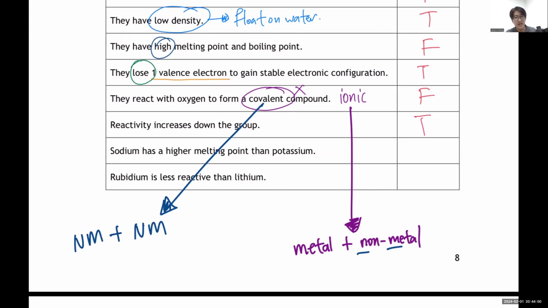Okay. Sodium has a higher melting point than potassium. Yes. The smaller it is, the higher up, the higher the melting point. So back on the reactivity thing again. Rubidium is lower. So is it more or less reactive? More or less reactive. Very good. Well done, you understand already.